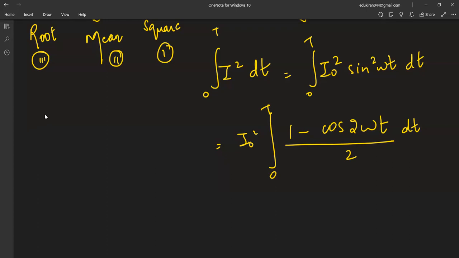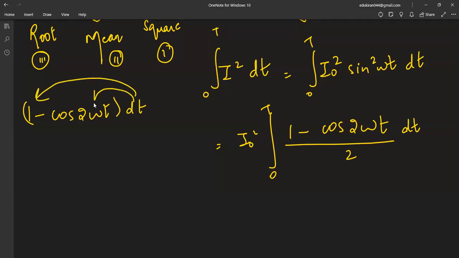Now see, if I have (1 minus cos 2 omega t) dt, I can multiply it out, so that becomes dt minus cos 2 omega t dt, right?